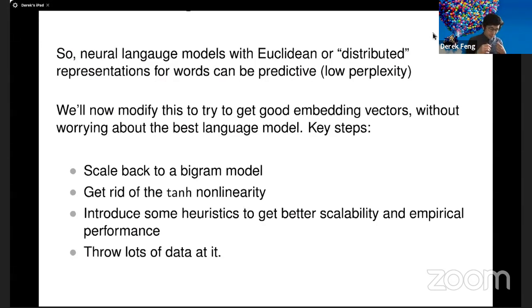So already at that time, they were thinking about word embeddings, but no one thought to just be like, oh, maybe these distributed representations of words can actually be useful on their own, right? So this is what a word embedding is.